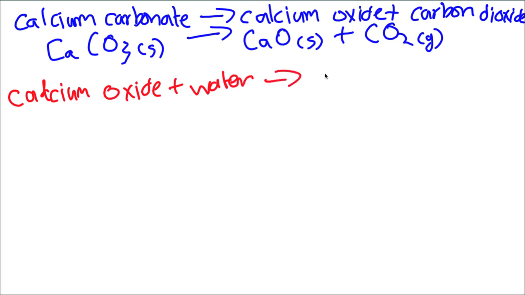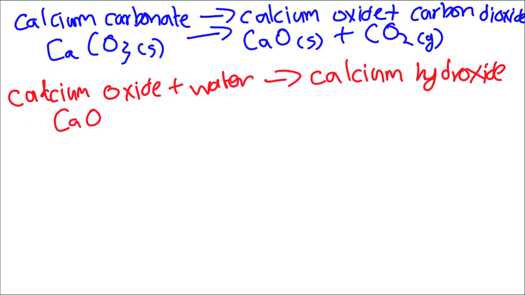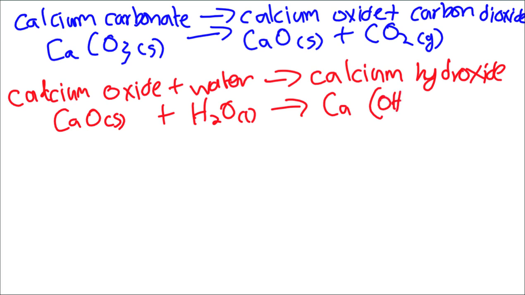When we do this, we get calcium hydroxide. Again, higher you need to know the symbol equation, so that's CaO again, and that's in the solid form. Add it to water, H2O, which is liquid, and you get Ca(OH)2 in a solid form.